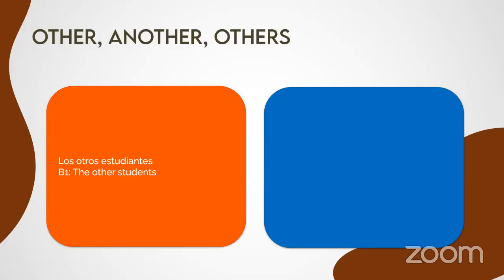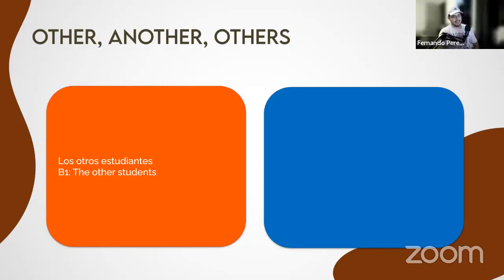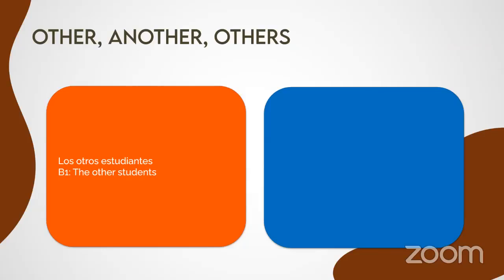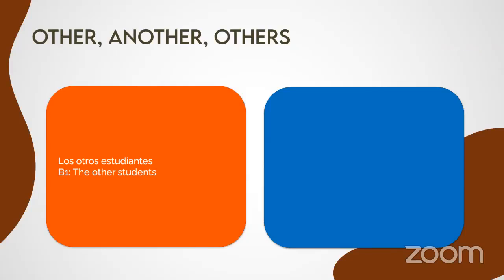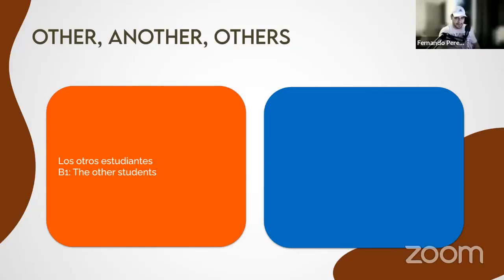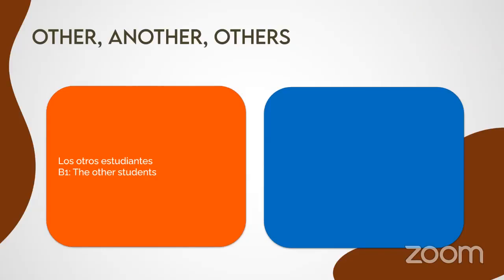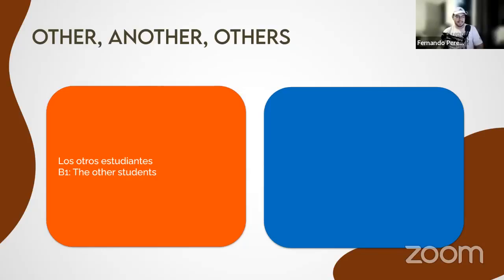There is an explanation. Rox, what do you say? Why other and not others? I don't know, teacher. Okay, no problem. Yamil, do you have an explanation?